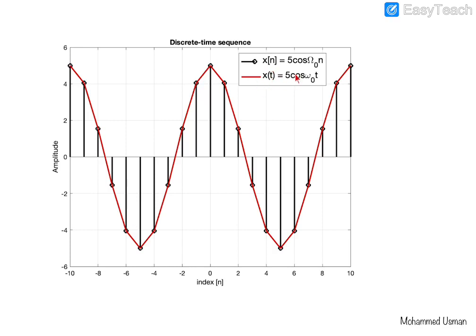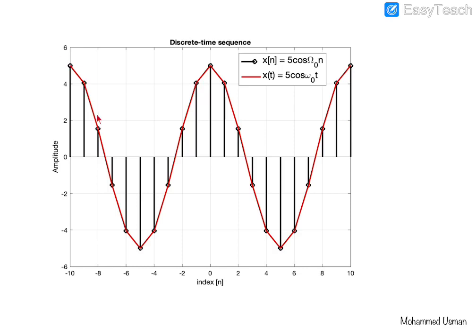So we have x of t equals a cosine omega naught t. That's the continuous signal shown by this red curve. And the discrete sequence obtained by sampling the continuous signal is what we have by these lines with the circle on top. So these are the samples giving us the discrete time sequence.